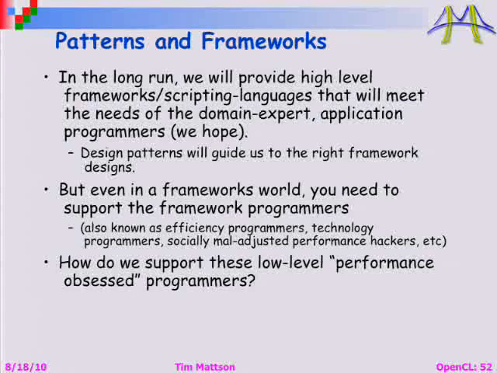And so in the long run, Tim Matson's thinking, and our thinking in a lot of the research at Berkeley as well, is that we will provide higher level, Python or MATLAB frameworks, programming environments, and SDKs for writing parallel code, rather than having everybody program at the C or C++ or Cuda or OpenCL level. So we need some target language, basically, for these programming environments that can also be used by actual programmers who care more about their performance.